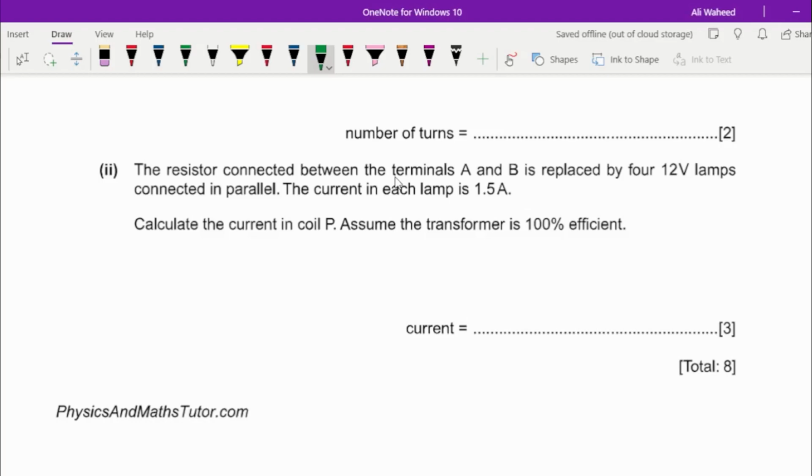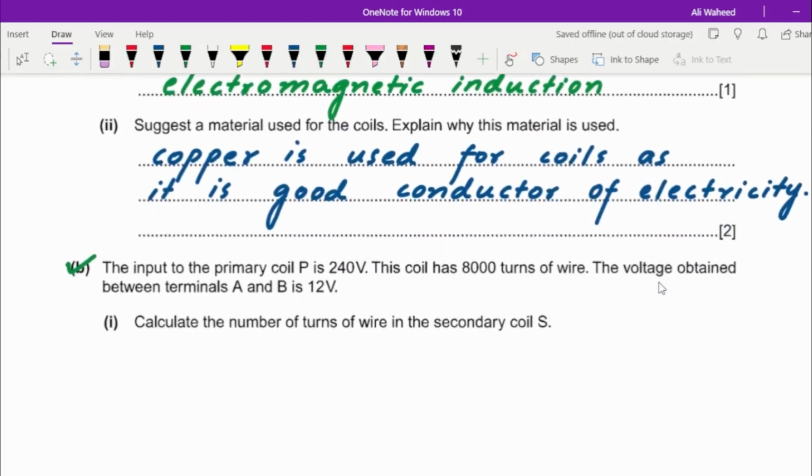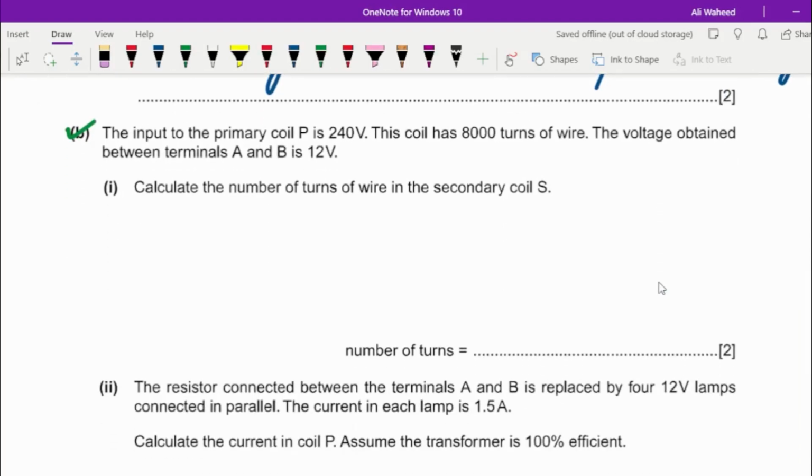Okay, so first of all, we can find where the terminals A, B are. This is the output side, the secondary side. This resistor has been replaced by 4 lamps, each with 12 volts, connected in parallel. So the voltage across all of them would be 12 volts, and the current flowing through each of them is 1.5 amperes.